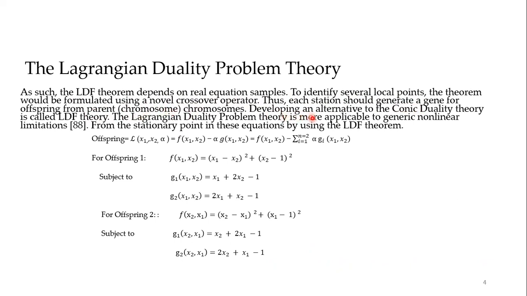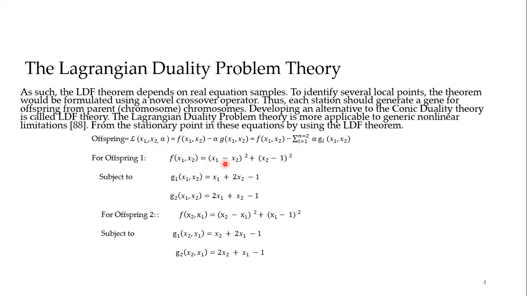Developing an alternative to the conic duality theorem is called LDF. So based on this LDF, which is the conic duality theorem, we are going to get our solutions. In other words, the offspring equals the equations that we have from the two chromosomes minus the condition or the constraint that has to be respected.